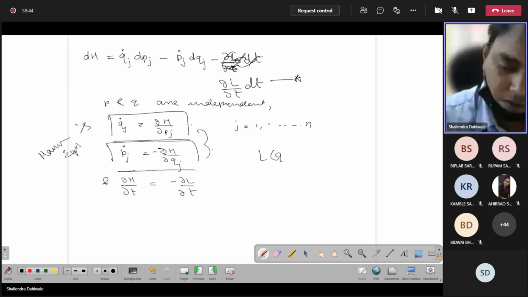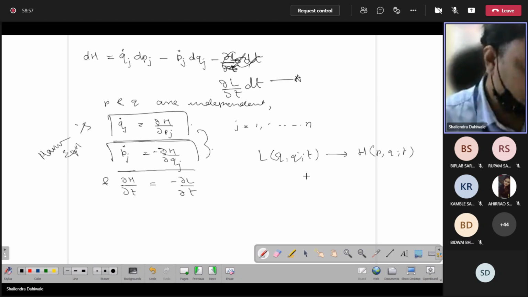So we are going from this q dot to Hamiltonian. You are making some kind of transformations, and these transformations lead to symmetry. So a general proof of this I wanted to give.